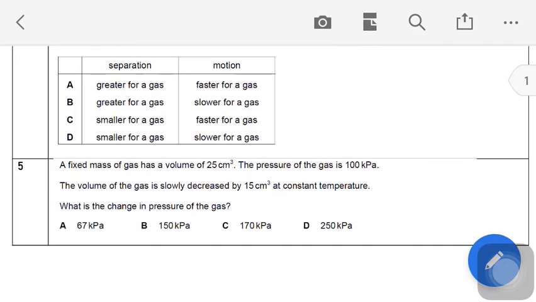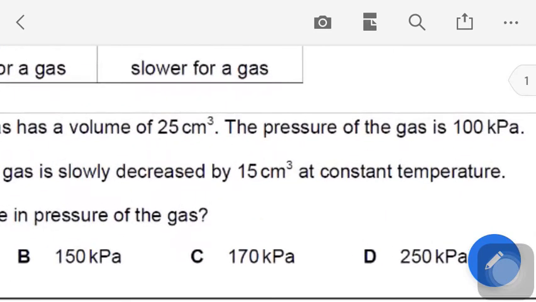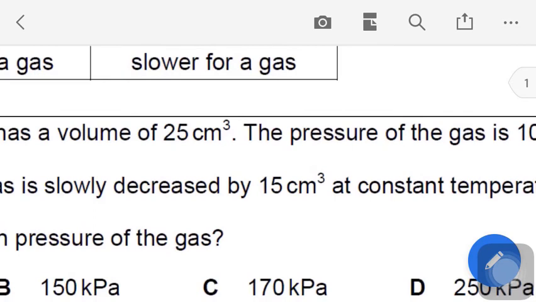Fifth one. The only mistake that you could commit is you might take this, it's decreased by 15 centimeter cube.